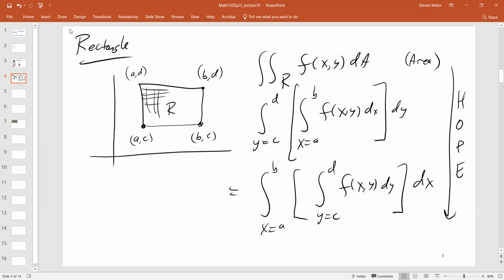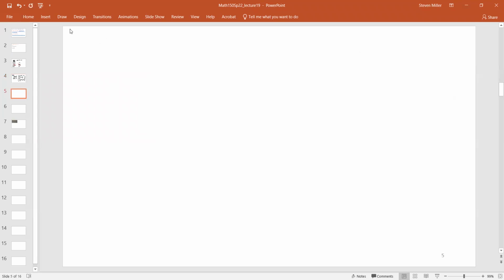So if you have a finite amount of money, it shouldn't matter how you rearrange things. If you have an infinite amount of money, however, it could actually matter how you arrange things. So the big danger we have in mathematics is whenever you have an infinity, you have to be careful. And so the big result we have is Fubini's theorem.